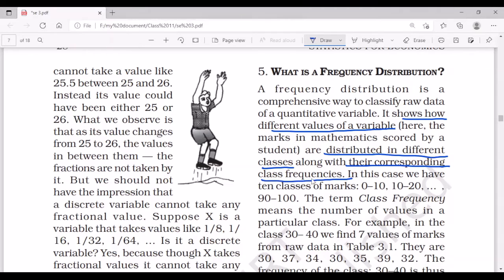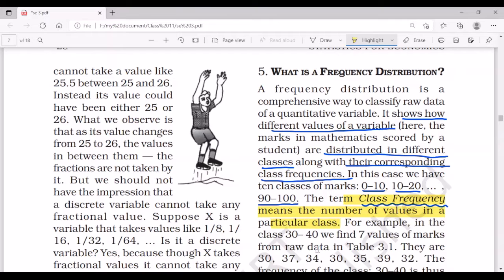In this case, we have 10 classes of marks like 0 to 10, 10 to 20, up to 90 to 100. The term class frequency means the number of values in a particular class.